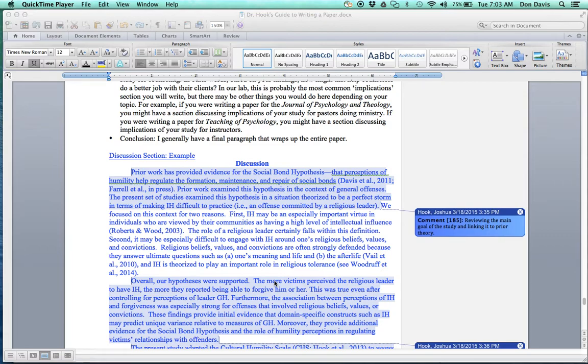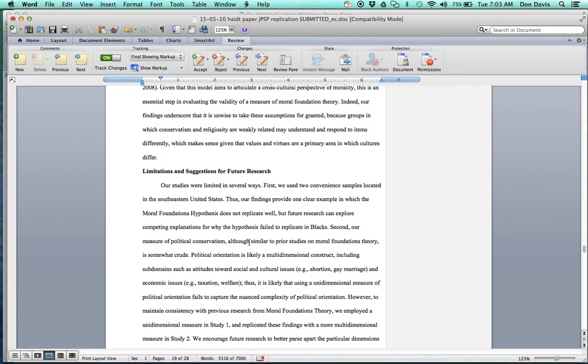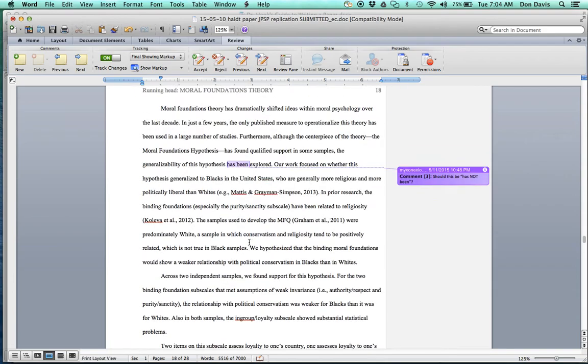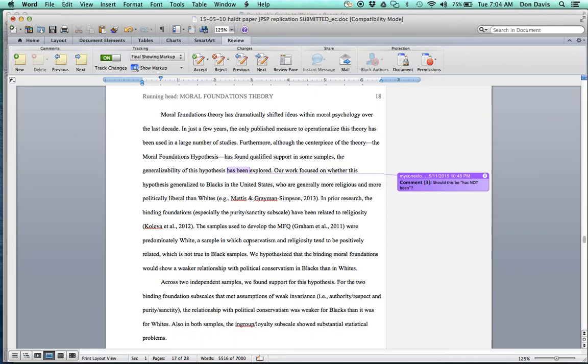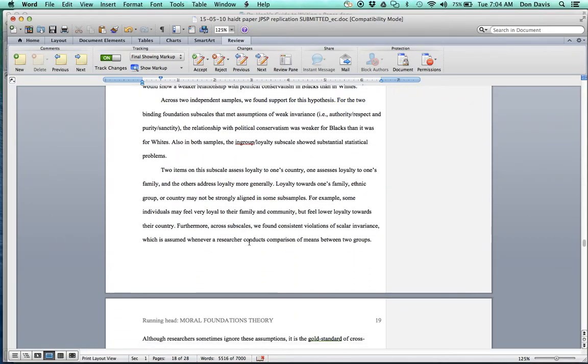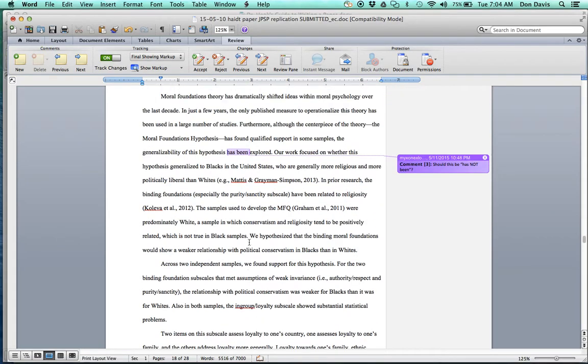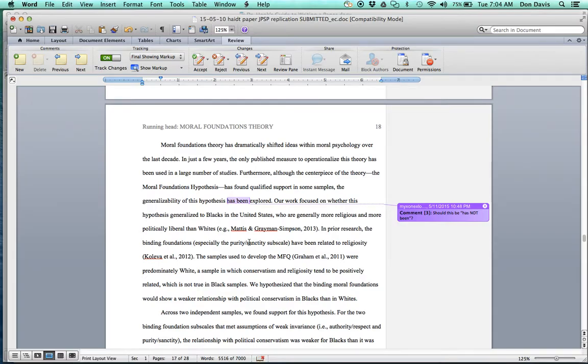So let me show you an example. We recently did a paper where we looked at John Haidt's moral foundations theory, and even though the discussion isn't particularly long, this paper was actually fairly short.